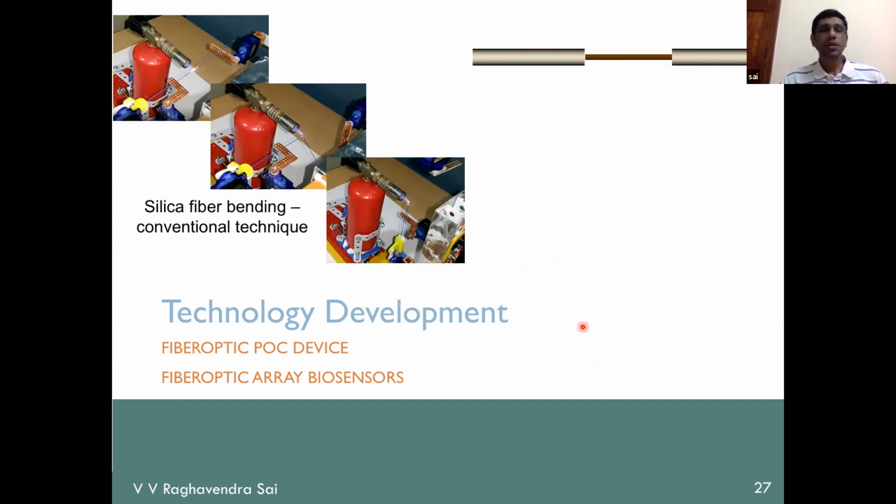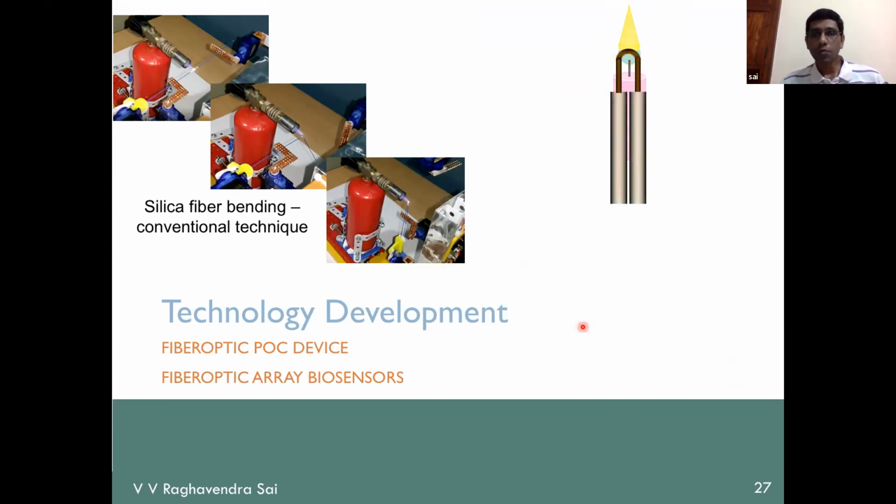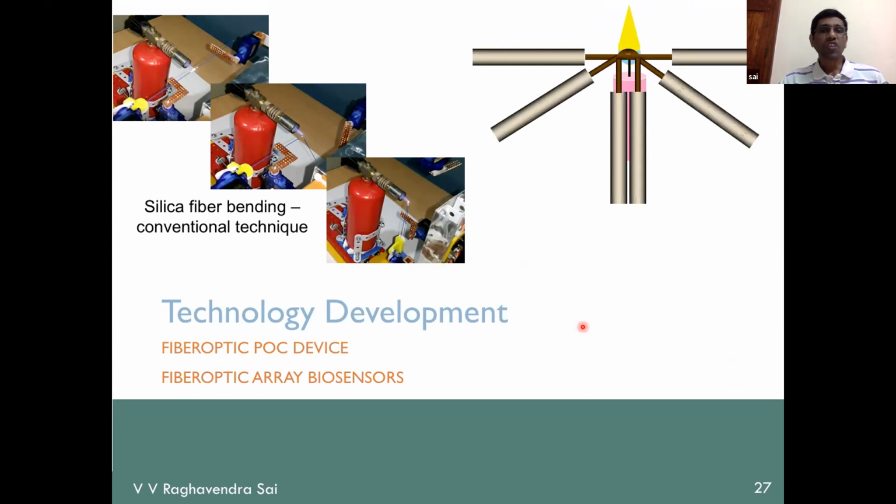So about technology development, the key technology is the U-bend probe. Earlier, we used to manually make these probes using a candle flame or butane flame. Then we started working on developing technology for this. We started with butane flames, but the flame was quite difficult to control and quite dangerous.